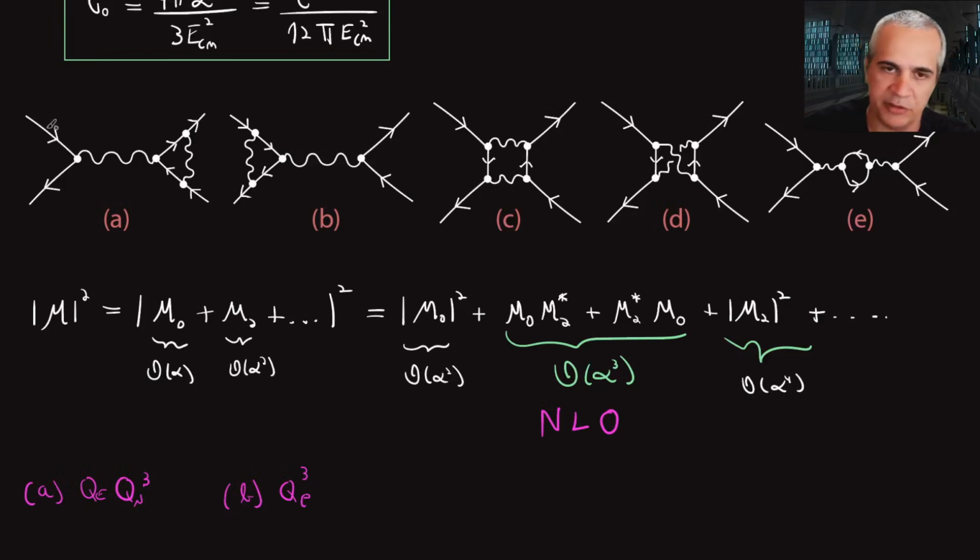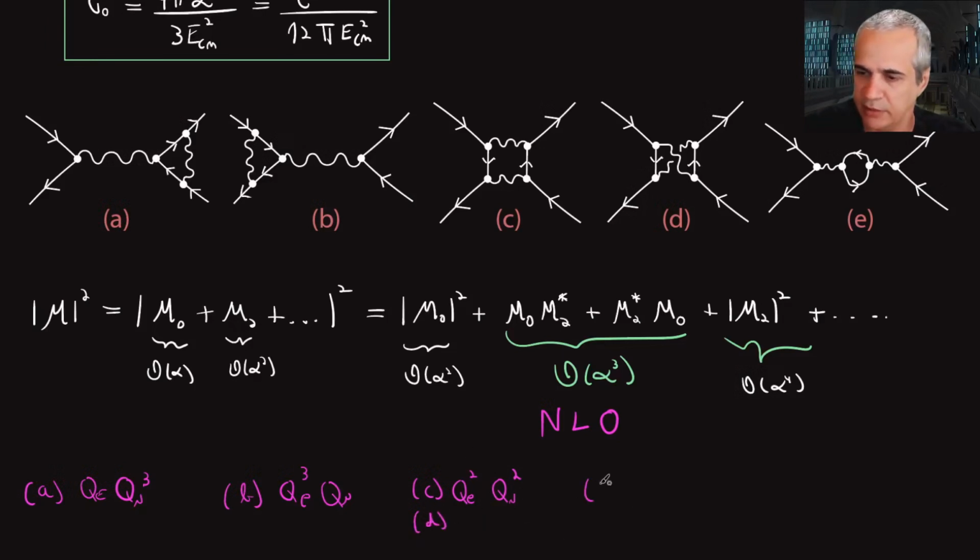So I start with the electrons and I finish with the muons. And now it's just linear in the charge of the muon, right? C is Q electron square here and Q muon square on the right. This is the same. So C and D are like that, right?